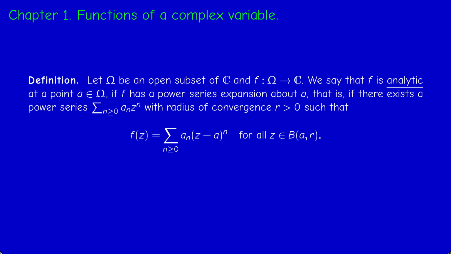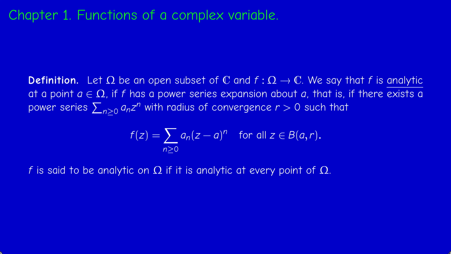This is a very strong condition on f, because not all functions satisfy this property of analyticity. We shall now study some important properties of analytic functions that are not shared by other arbitrary functions.